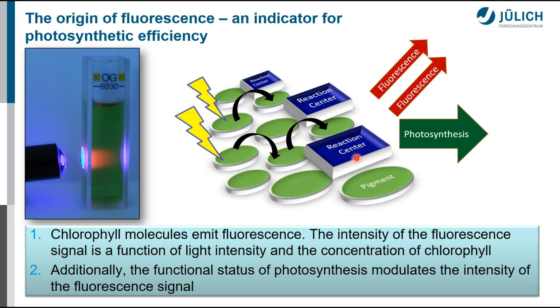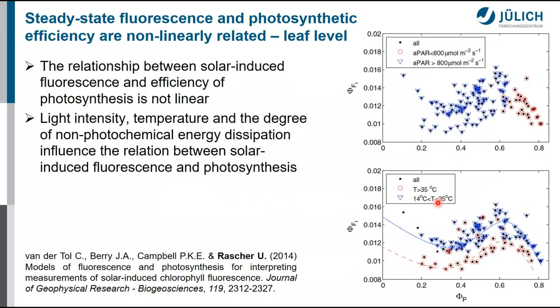But after some sustained over-energization of the photosynthetic machinery, the plant normally activates a big variety of different protection mechanisms, which are also able to dissipate the additional energy which cannot be used photosynthetically. These processes are normally summarized as heat or non-photochemical quenching processes, and they dissipate the energy, and therefore the fluorescent signal decreases again.